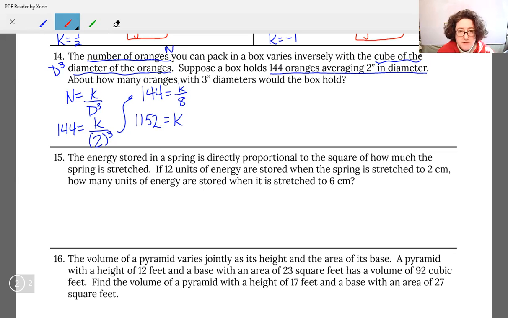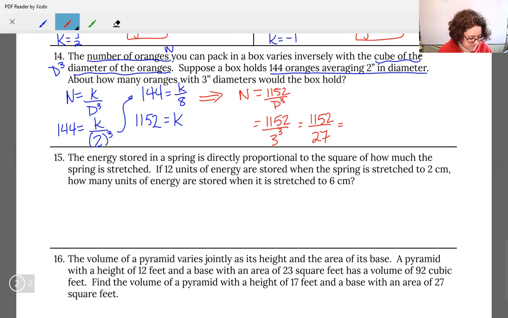So we need to figure out what the n is if diameter is 3. So our new equation is n equals 1152 divided by d cubed. And they actually gave us our diameter. So that's 3 inches. So 3 cubed, which is really 27.